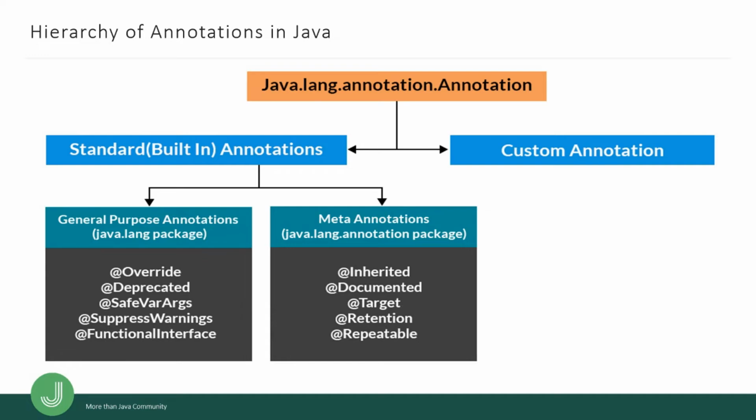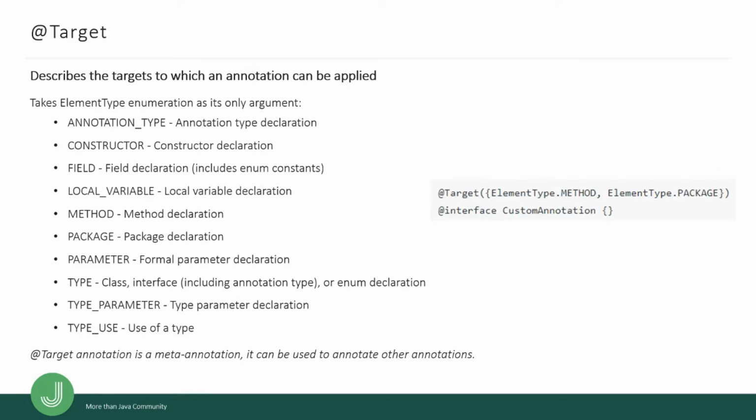So here's what I'm talking about. First, let's look at annotation target. What it does is show to which element an annotation can be applied. It takes an ElementType enumeration as an argument, and on the left you can see the full list of all the arguments you can apply. There is an example on the right picture.